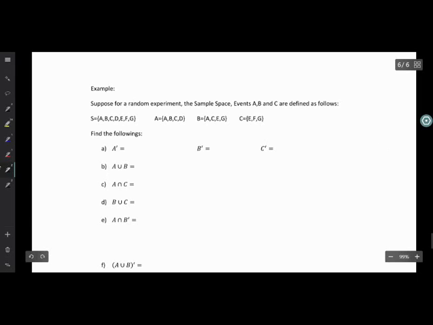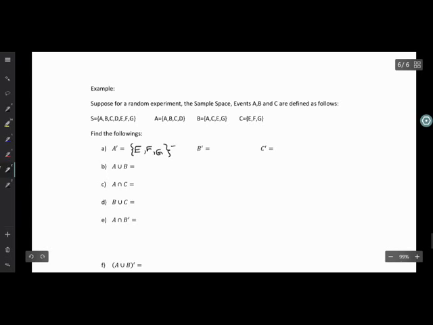So let's try to find these sets. In part A, we have to find the complement of A, which means all the elements in S but not in A. So A has A, B, C, and D. The rest will be E, F, and G. Now if we compare A's complement with C, they are the same.